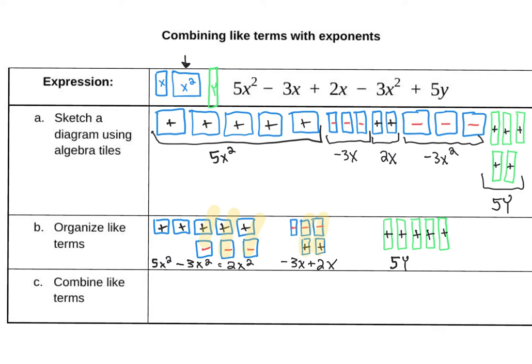And so what I'm left with is just a -x. And then there's nothing to combine with my y's, so I just have 5 y's. So I can write that all out to say 2x squared minus x plus 5y.